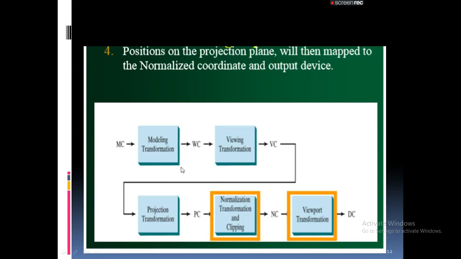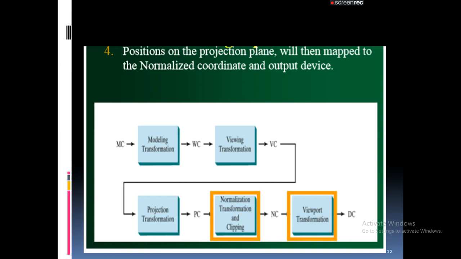I would like to repeat here, with respect to three-dimensional viewing, we are performing modeling transformations. Next we perform viewing transformations, then projection transformations, normalization transformations, and next viewport transformations.